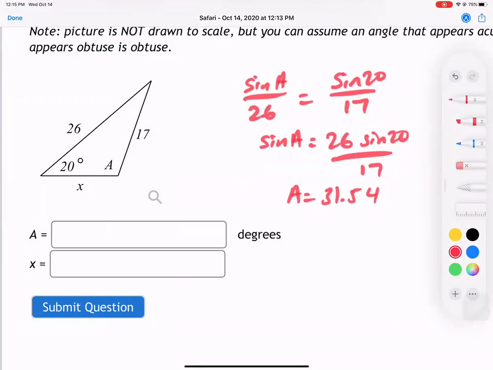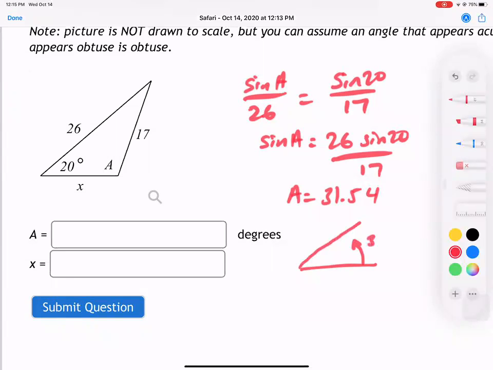Now, you could write 31.54, and you will get it wrong. Because this is the part where you think about your answers and see if they make sense. Is 31 degrees a small angle or a large angle? Acute.